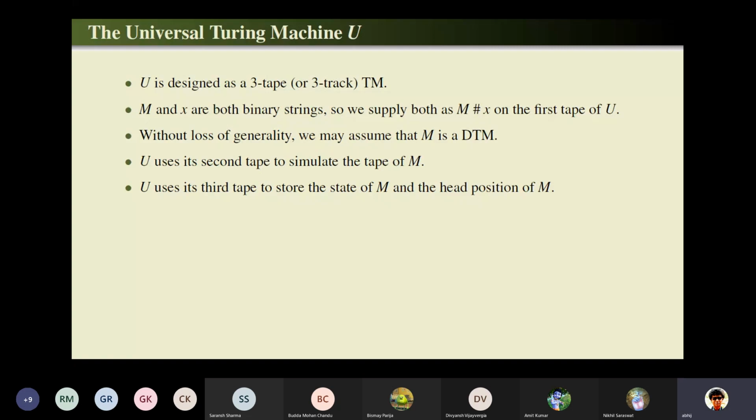Of course I can make the two things different by a slightly different encoding. That can always be done. And if I do so, then I can write the configuration of M on a single tape. But anyway, it doesn't matter. I can use another tape to store the state and head position, these two pieces of information.